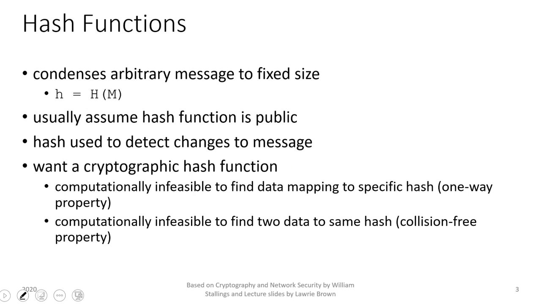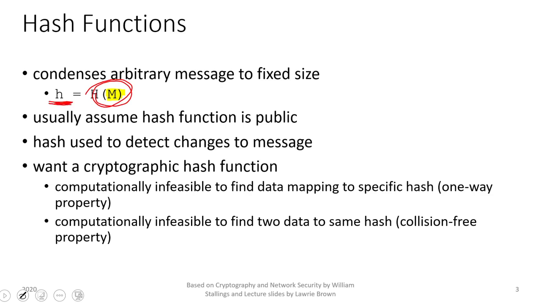When we talk about a hash function, it is again essentially a mathematical function, but it will have a few properties. The first thing is, regardless of the length of the message, this hash function would provide an output that is of a fixed length.